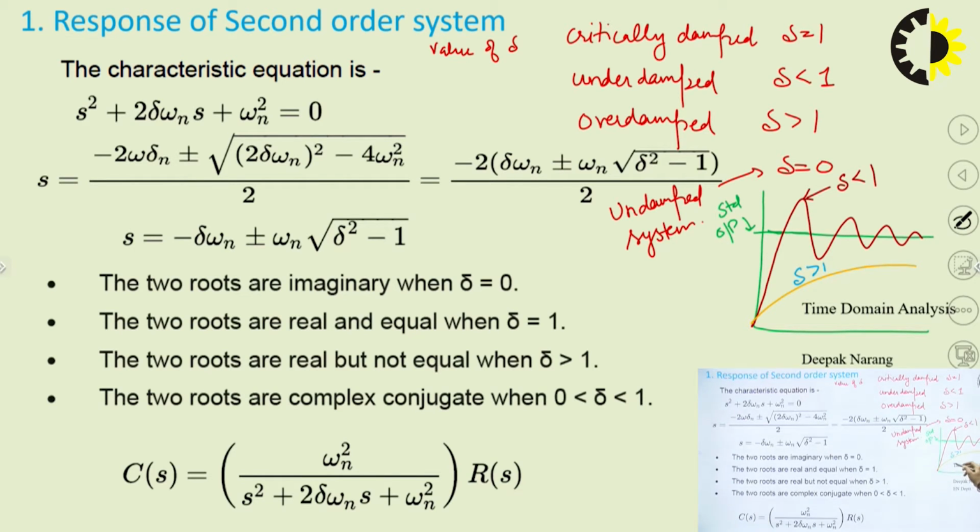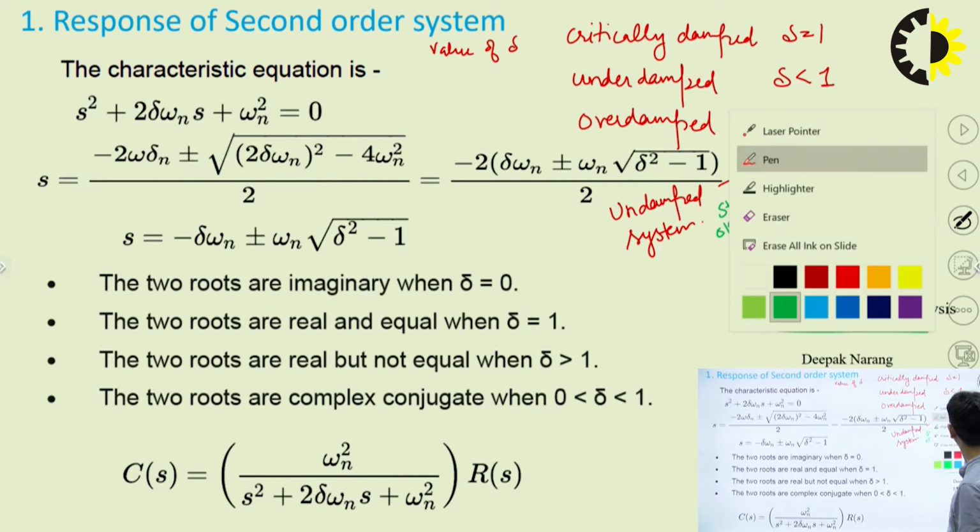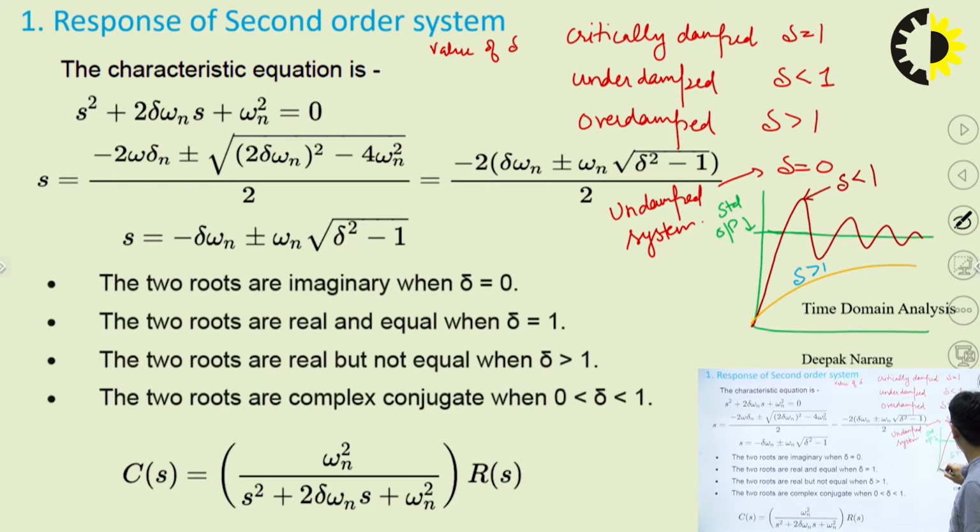When damping is high, obviously it will make the response sluggish, and this response is when delta is equal to 1, and when no damping is there, the system will oscillate with the natural frequency.